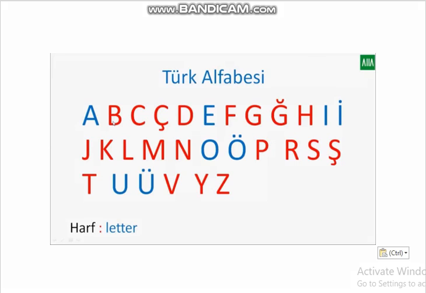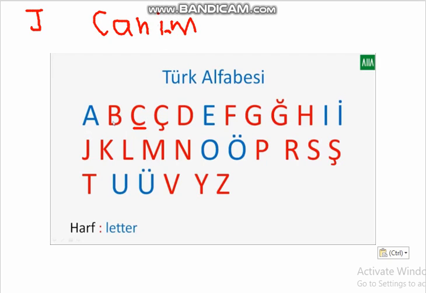So A and B are pronounced the same way, but the C is pronounced the same as a J in English. For example, in Turkish there's a word, canım.